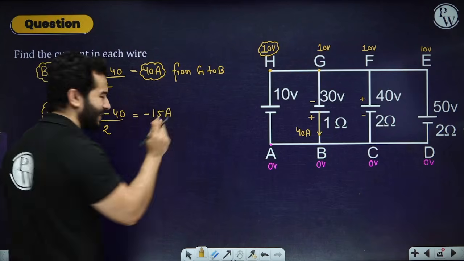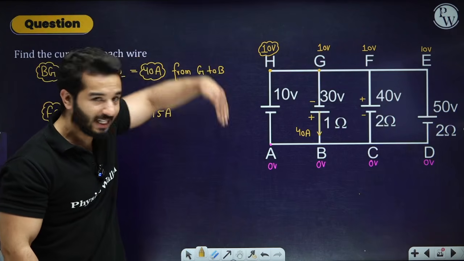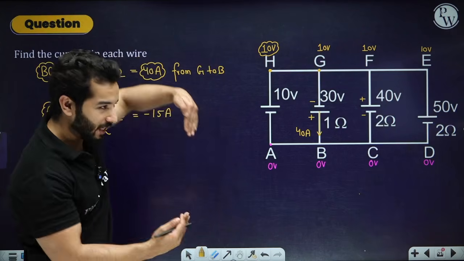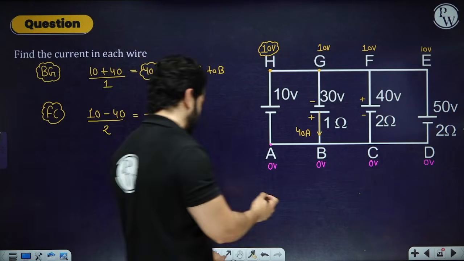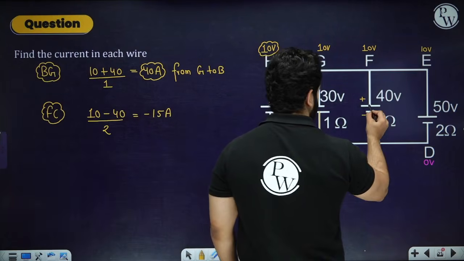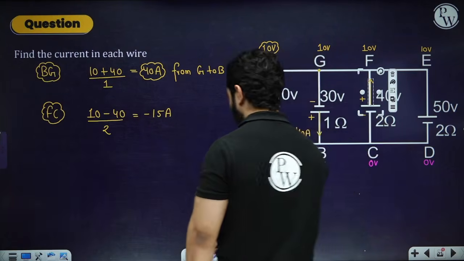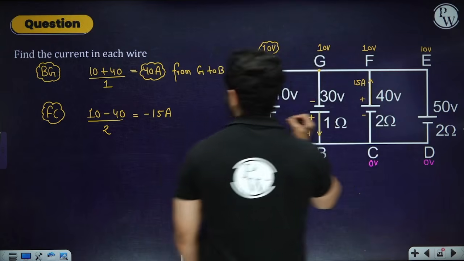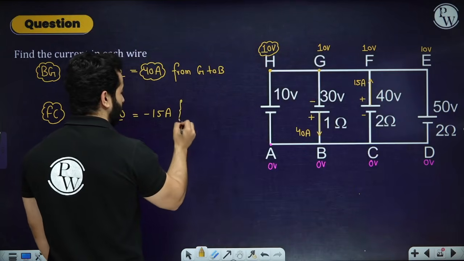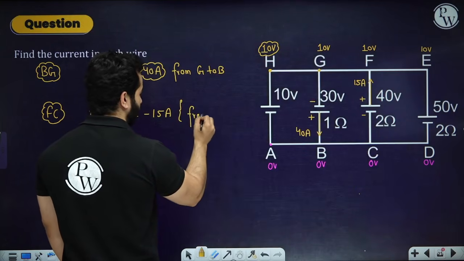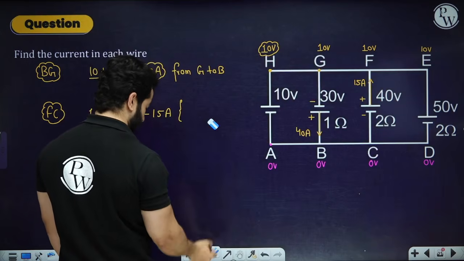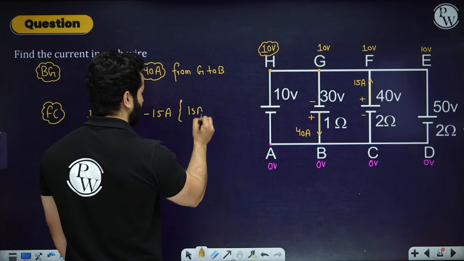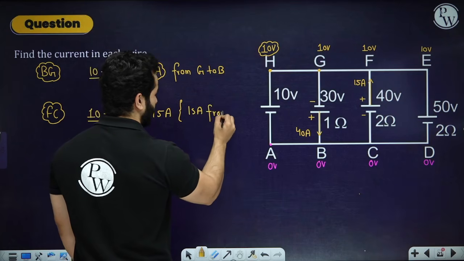Minus 15 ampere basically means we were moving like this, and if you are getting minus 15, current is moving in the opposite direction. So the current is going to be something like this, and this is going to be 15 ampere from C to F.